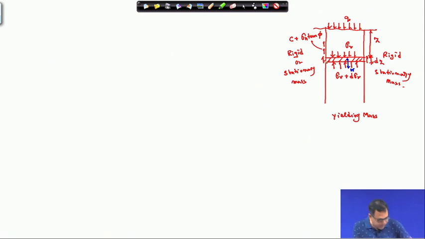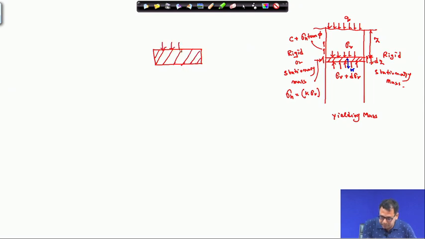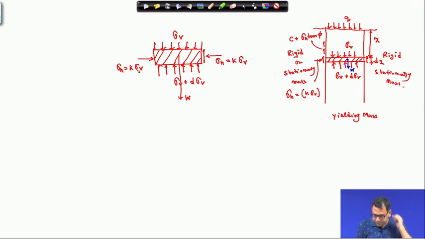Because sigma h is acting here, and sigma h is equal to k into sigma v, where k is the coefficient of earth pressure. So finally, on this strip, sigma v acts at the top, sigma v plus d sigma v at the bottom, the weight of the strip acts, and sigma h equal to k sigma v acts on both sides.